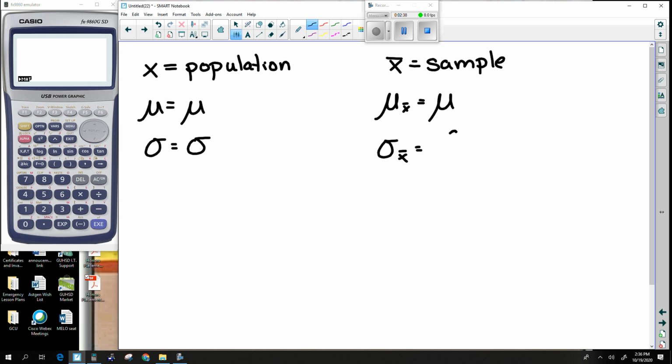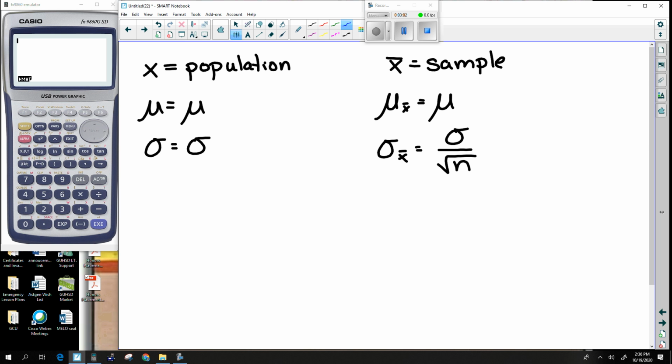The standard deviation of a sample is your regular standard deviation divided by the square root of n. That will get you the standard deviation of a sample. So the averages are the same, but the standard deviations differ.